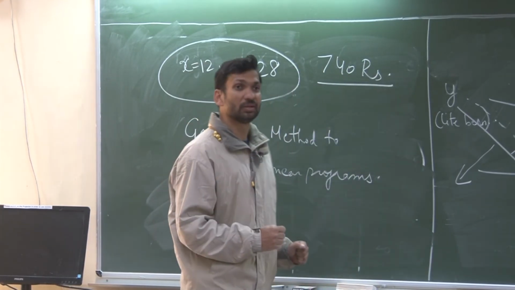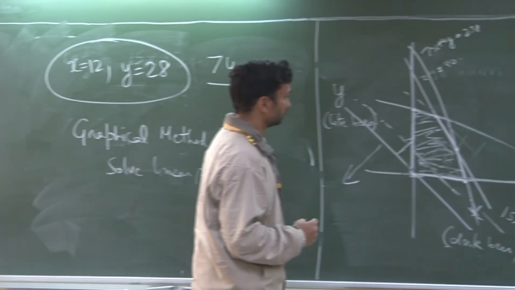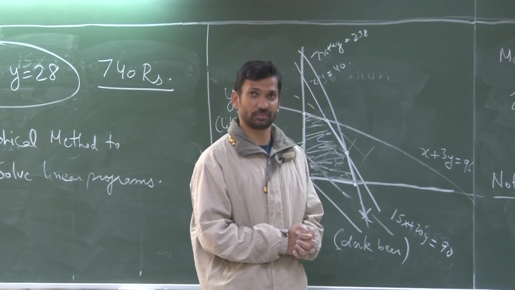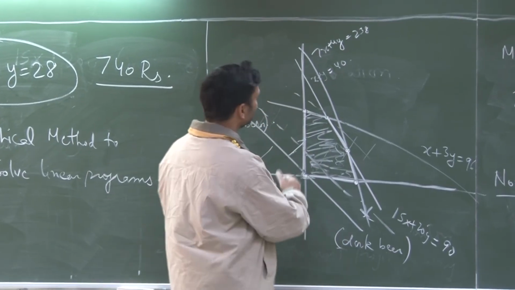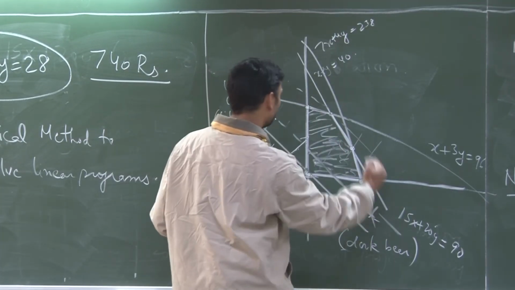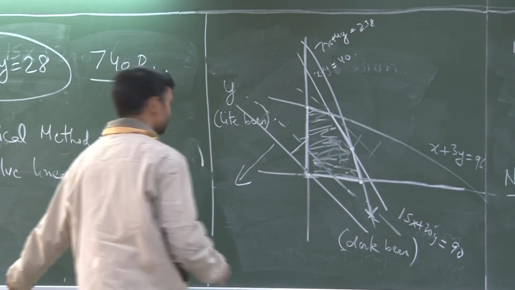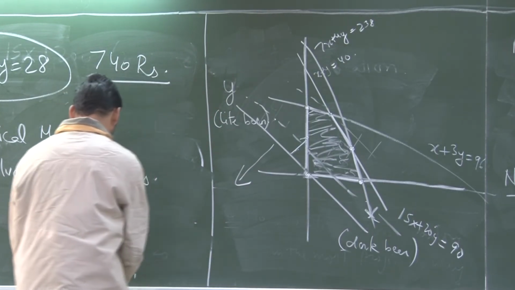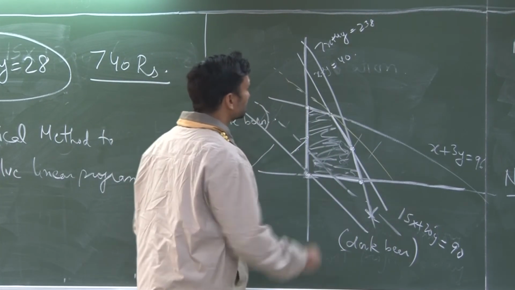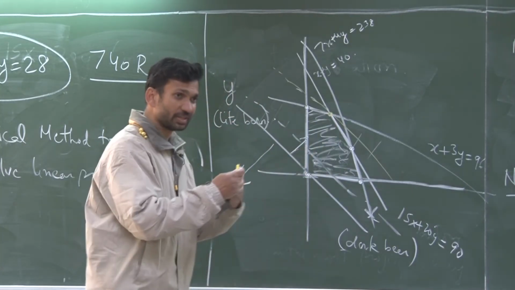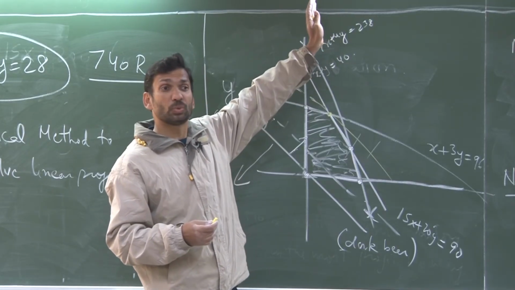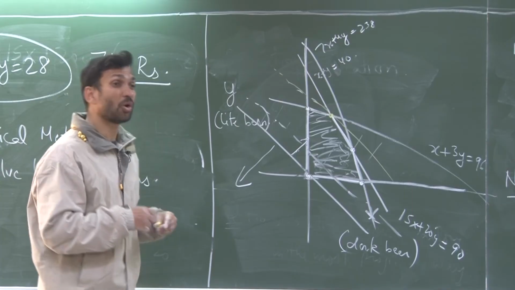Before I erase this figure, let me ask you a question. Is the best solution always unique? Here, we can see that there is only one vertex where the leaving line will touch the feasible region. It will be like this, and there is only one point of intersection when my line leaves the feasible region. Is that always true? So as Tufan said, this is not necessary.